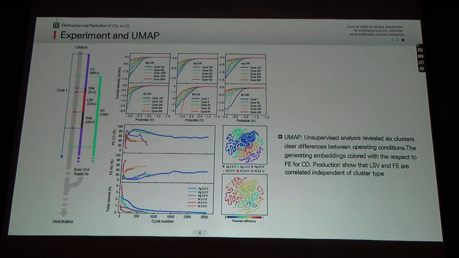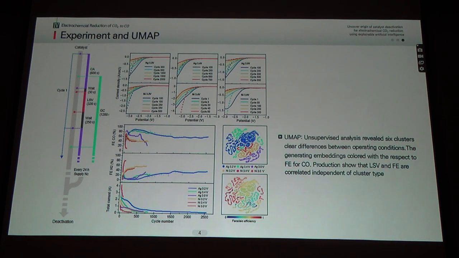So we have in total 6 long-term stability tests of different catalysts, different conditions, and different membranes. We can clearly say that the silver-based catalyst shows promising long-term stability, especially at 3.2.